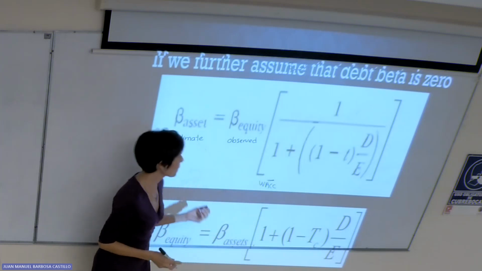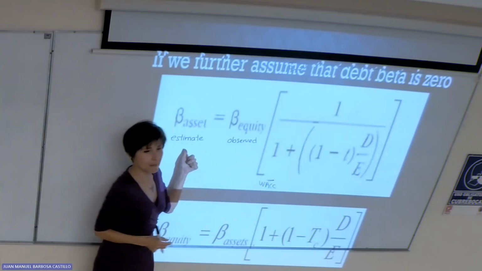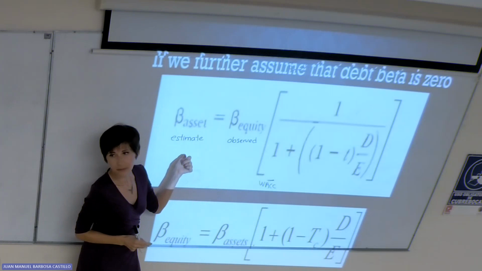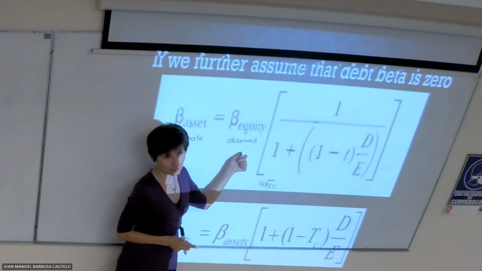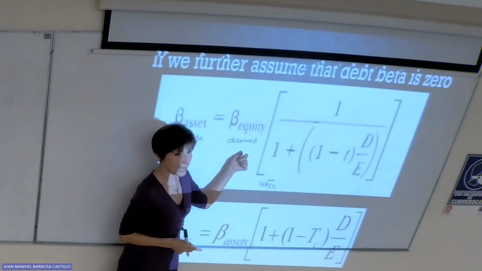Why do we do that? Because we don't have information to estimate business risk. What we do have is prices for shares. Through the price of the share, I can create a time series of returns for the shares of the company.